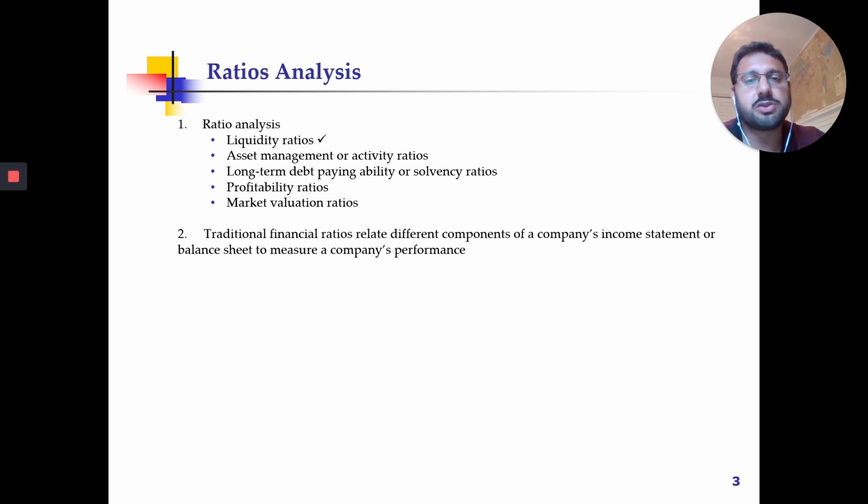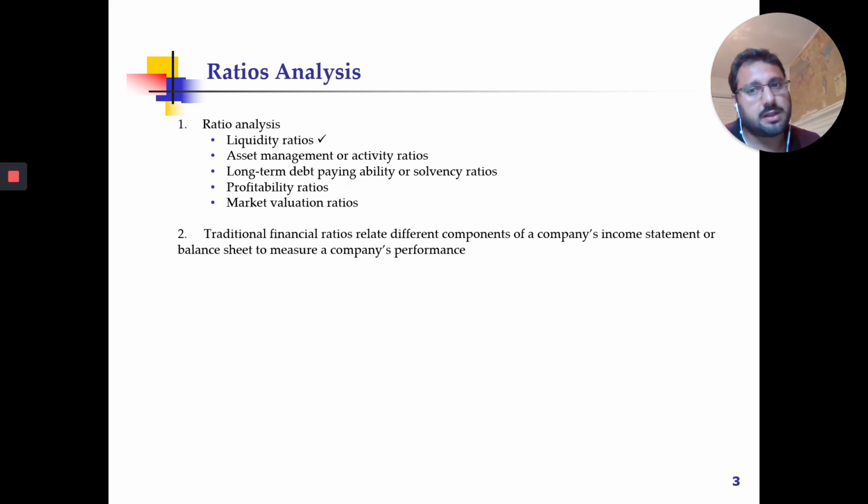In a ratio there is something in the numerator and something in the denominator. Those components can both come from the income statement, or both from the balance sheet, or from the cash flow statement as well. Here, mostly we will be talking about components coming from the income statement and the balance sheet.